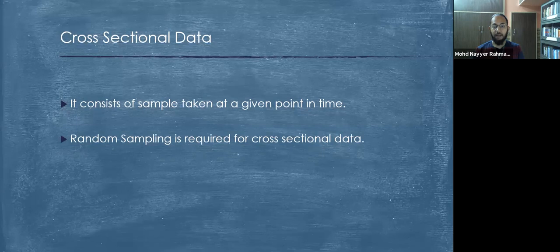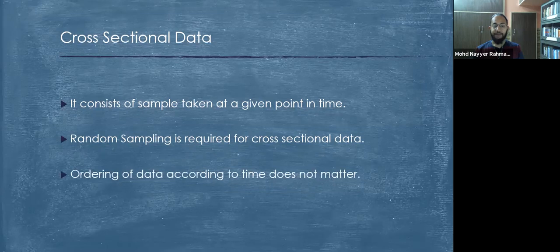Now, random sampling is a very difficult issue, and it is a very comprehensive term. It's not easy to make people understand what random sampling is. But ordering of data according to time does not matter, because it is just one point of time. Therefore, here you cannot order the data according to time.